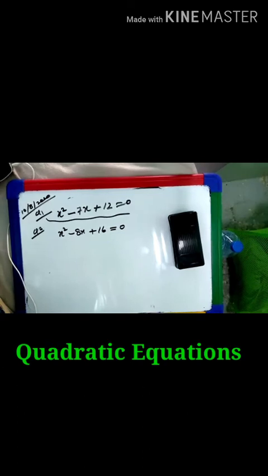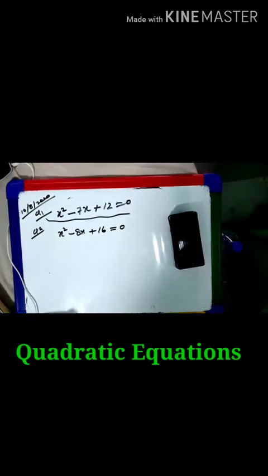Yeah. So now I will create something different for you. Now you sent this x minus 4, x minus 4. So both answers are x equal to 4.